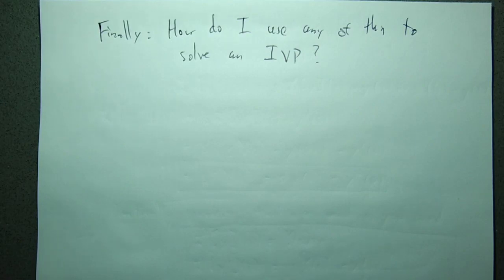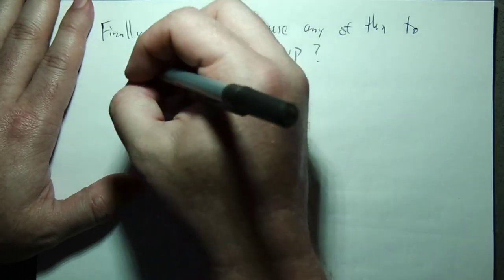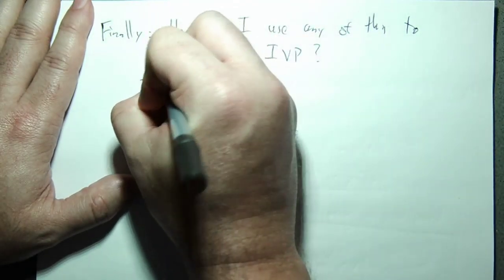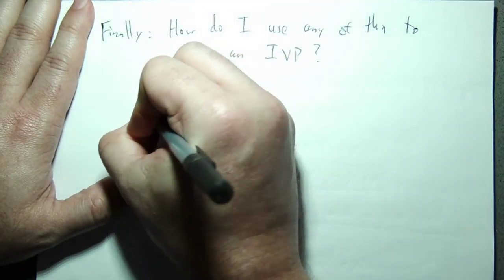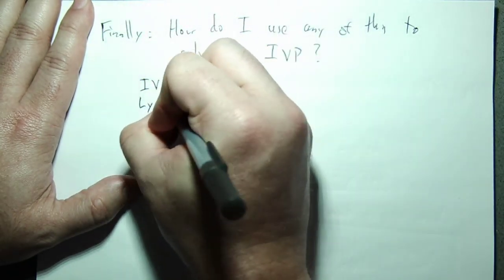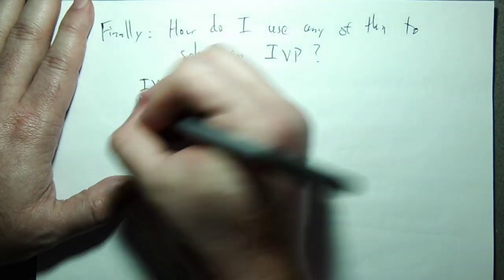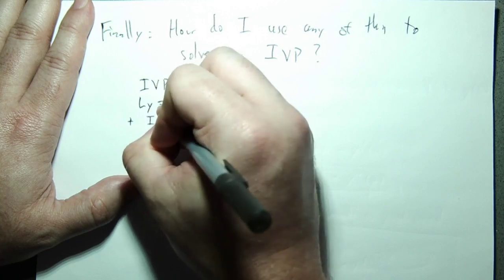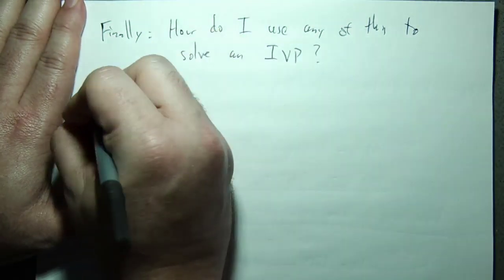So here is the process. I have an IVP. This IVP is Ly is equal to f of t plus initial conditions. That's my IVP.